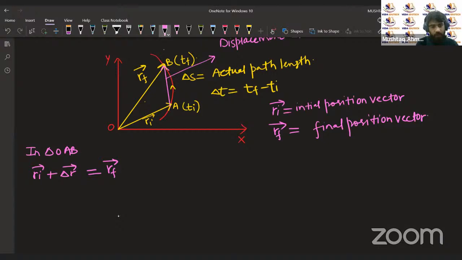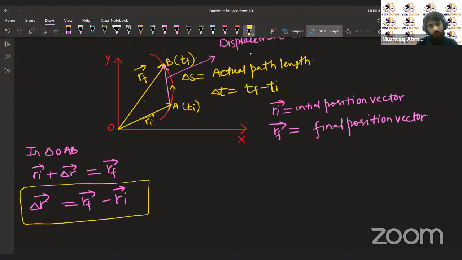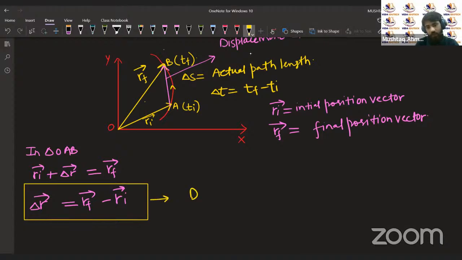So from here, delta R vector, which is our displacement vector, is equal to the final position vector minus the initial position vector. This represents our displacement vector. So displacement is the final position vector minus the initial position vector, right?